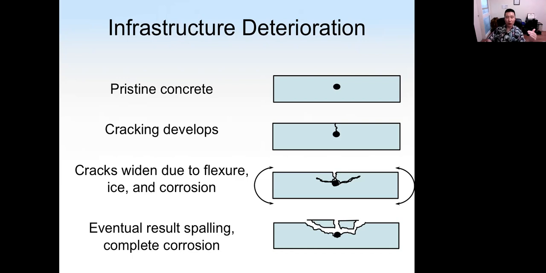When cracks occur, they will widen due to further loading or physical or chemical effects, such as freeze-thaw damage, corrosion of reinforcement, which we'll discuss in future lectures, sulfate attack, ASR, and so on. So eventually, it will result in further cracking, even spalling of the concrete from the rebar. So rebar will be exposed until total corrosion and the reinforced concrete member will fail eventually.